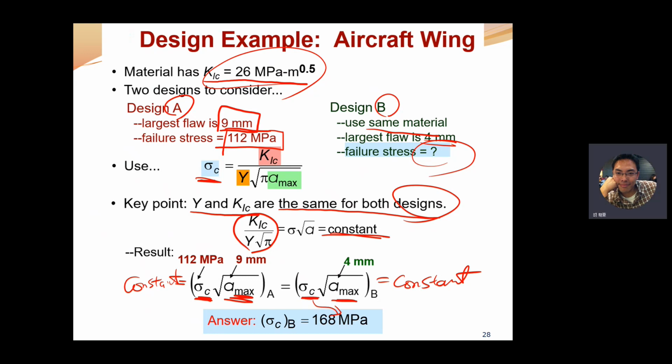If your design is B and you observe a crack of about 6 millimeter, you will say, wow, it's already higher than the largest flaw size that we defined. Therefore, this aircraft wing needs to be repaired, or strengthened by welding or a different technique.